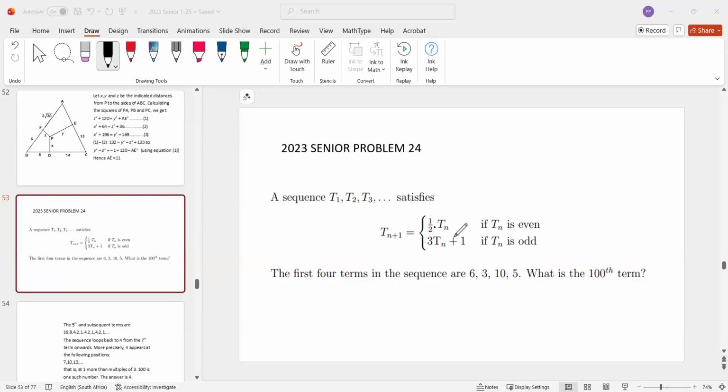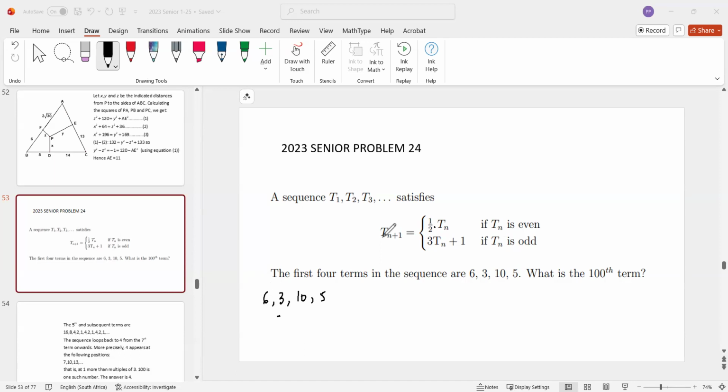All right. So let's start here. The first 4 terms are 6, 3, 10, and 5. I'm going to write them down. 6, 3. Let's see why. Each term is determined by a rule depending on whether the previous one is odd or even.